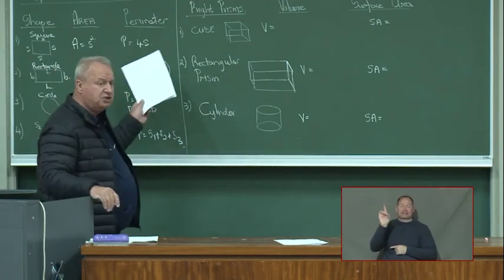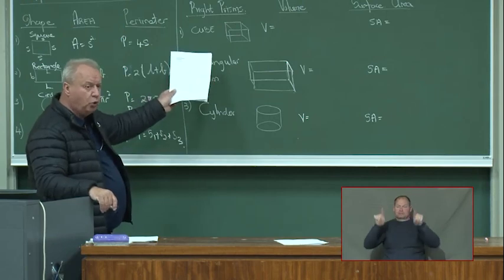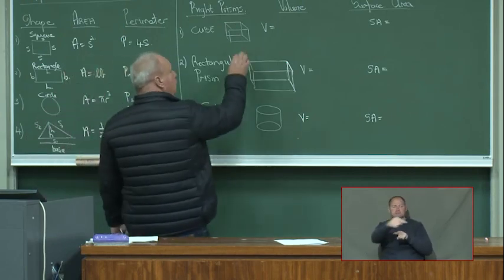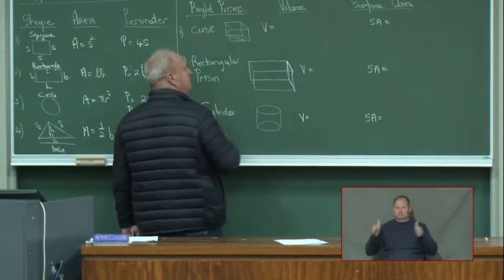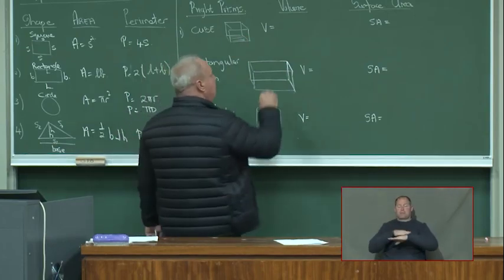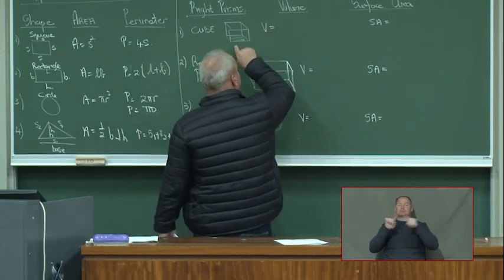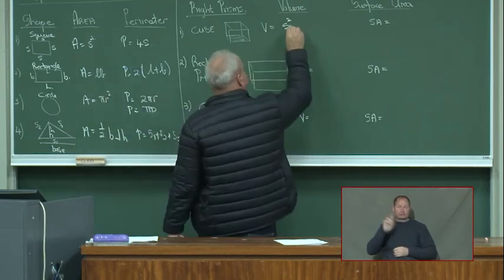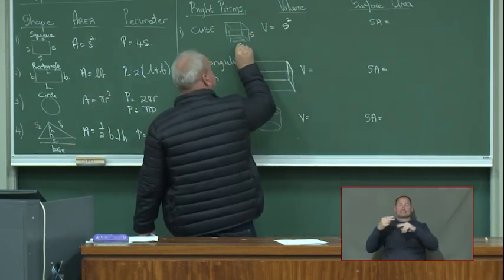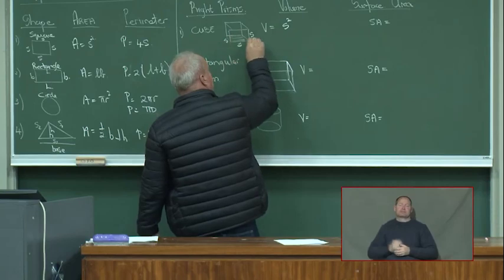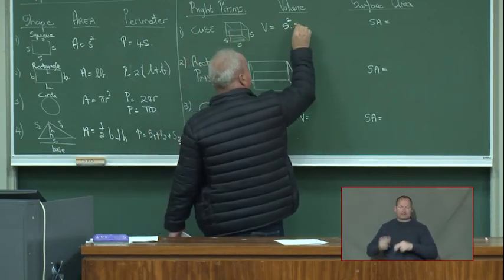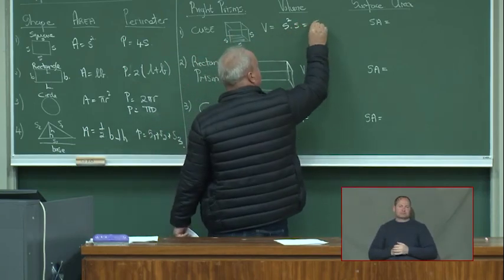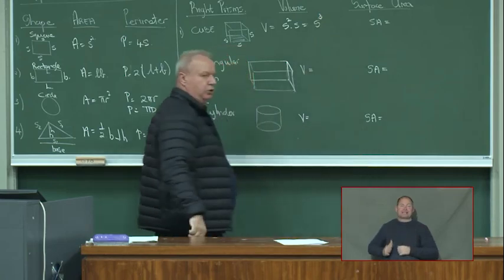A square which is three-dimensional is called a cube or cuboid. Now the volume is the area of the base. The base is a square. So the volume is the area of a square, which is side squared, correct? Side squared, times the height. So it is side times side, and the height is also a side, so the volume is equal to side cubed. Do you all understand that?